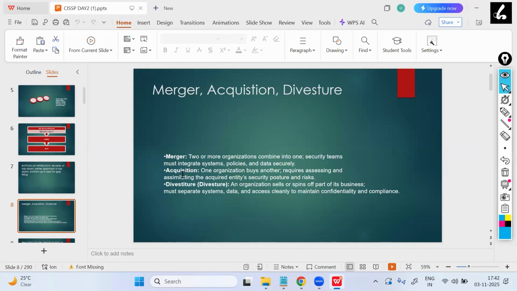Because tomorrow when they are your part, and if they were not doing things right, and let's suppose you get penalized, it will affect your financial status and your reputation in the market. So as a CISO, it becomes your responsibility that the merger is smooth and you take care of whatever risk there is.